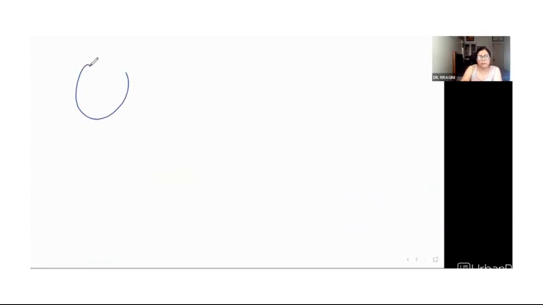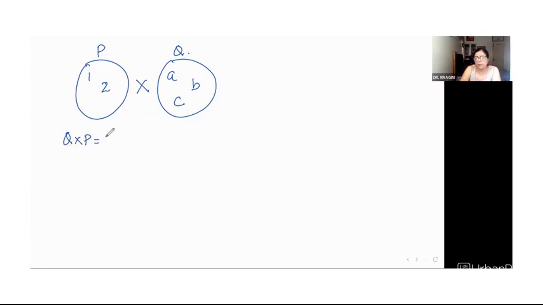If I write 1, 2, and A, B, and C, this is my first set P, and this is my second set Q. If I have to write the Cartesian product of Q cross P, now I have put Q at the first place and P at the second place.